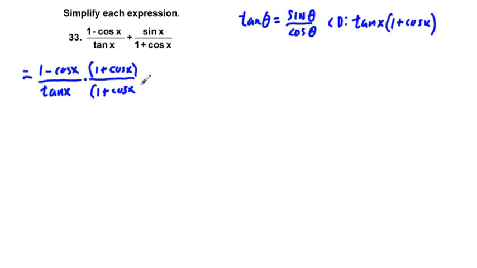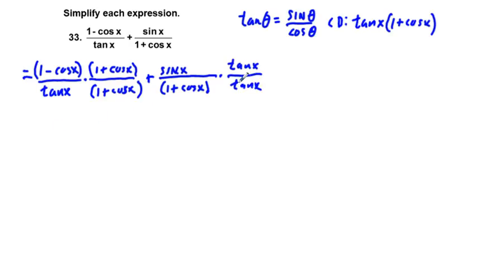And I'm going to put parentheses around this first 1 minus cosine x. So that's this first part. And the next part we take is sine x over quantity 1 plus cosine x. And what do we multiply by to get our common denominator? Well, it's going to be tangent x over tangent x.